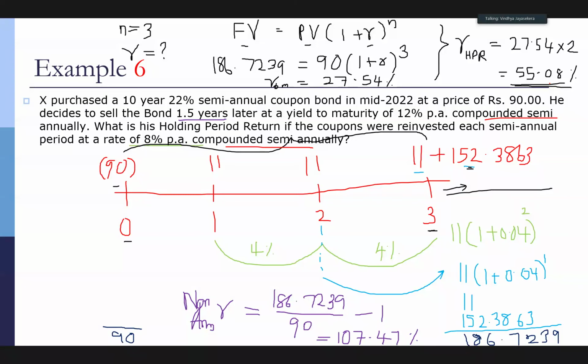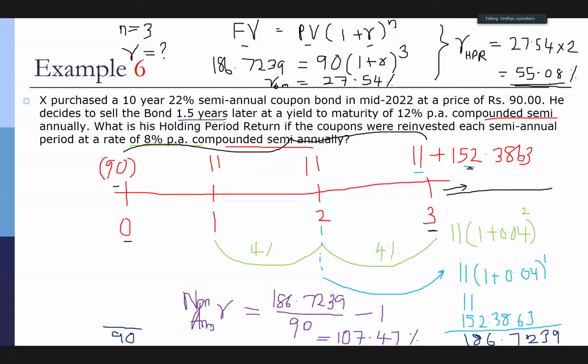Both answers are correct. There's nothing wrong with the answer. For comparability purposes, the correct way to do it is not to compound it, because when you say you purchased a bond, a 22% semi-annual coupon bond, that is a compounded semi-annually return.